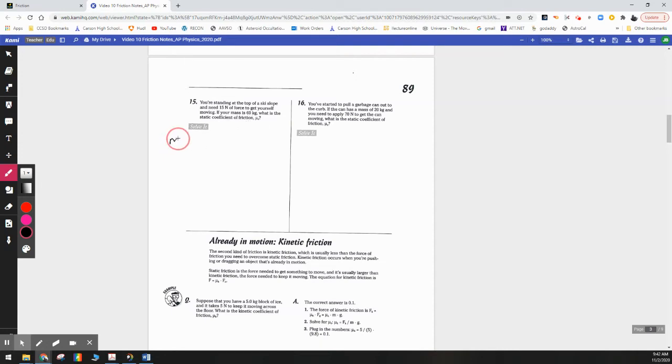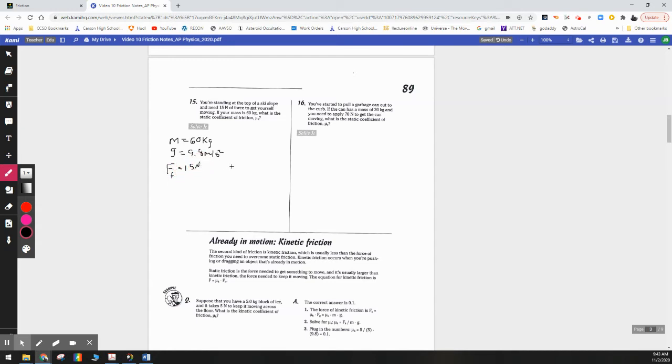All right, so we have here mass is 60 kilograms, which is kind of easy. G, we're on the Earth, so we can go ahead and say 9.8 meters per second squared. So you need to apply a frictional force of 15 newtons. So the force of friction is going to be 15 newtons here.